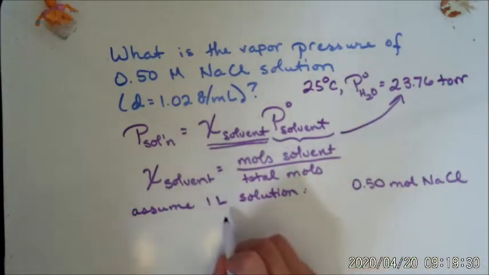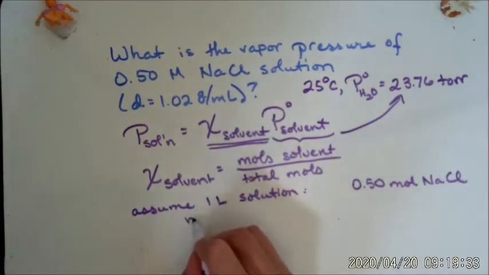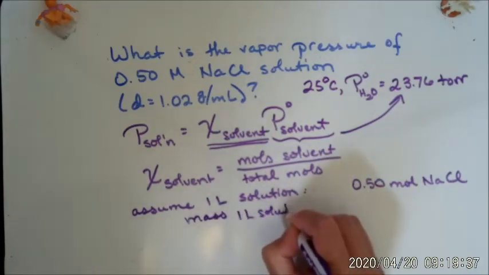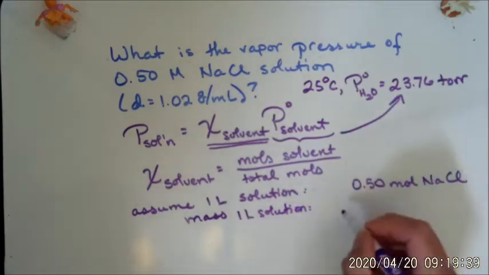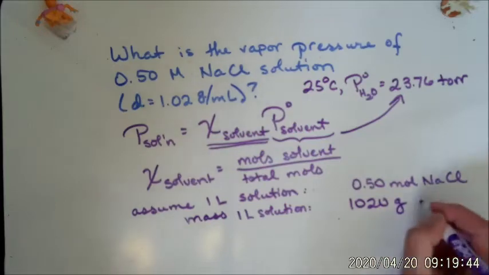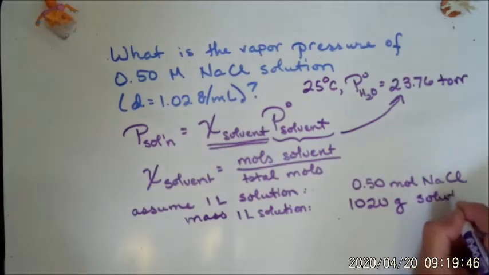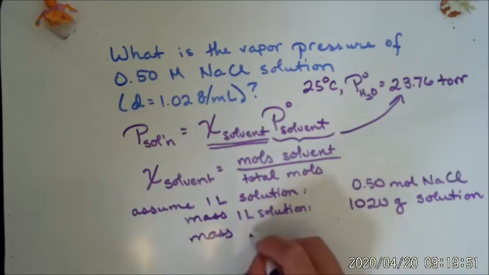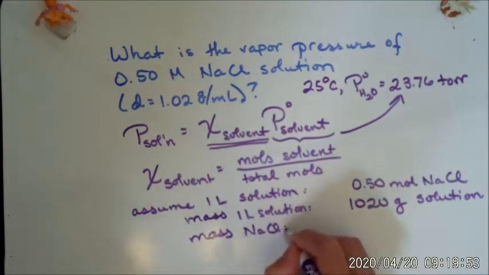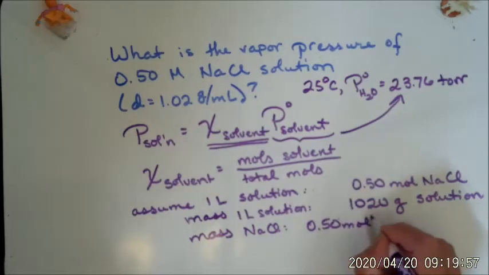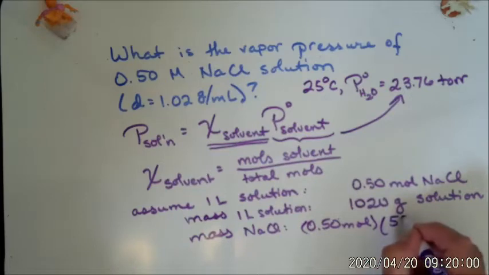Okay, so we need to find out how many moles of water I have. We also know that the mass of 1 liter of solution is going to be equal to 1,020 grams. This is of solution. To get the mass of my sodium chloride, we can use the 0.50 moles times our 58.44 grams per mole.